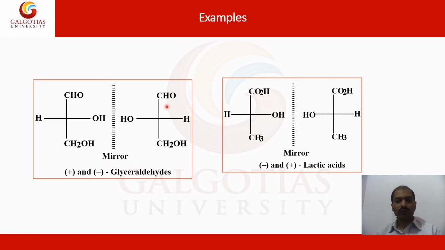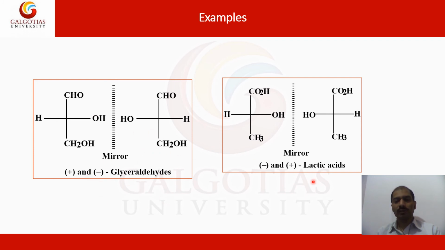Here a number of other examples are also given, like glyceraldehyde, where plus means dextrorotatory and negative means levorotatory. These are also represented as rectus and sinister. These are big terms representing rotation of the plane of polarized light towards the clockwise direction, and anti-clockwise direction.